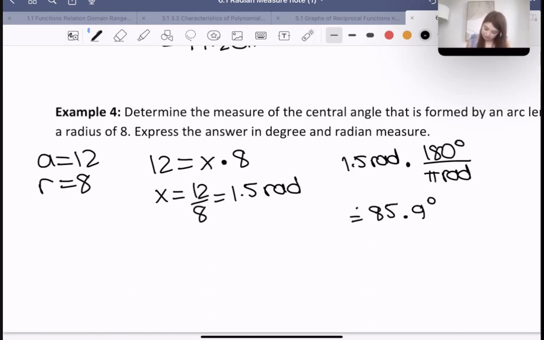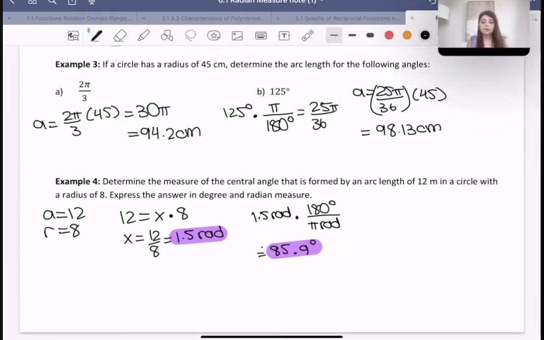And so therefore we have, I'm going to highlight the final answers, 1.5 radians, and then 85.9 degrees approximately. So there we have it.